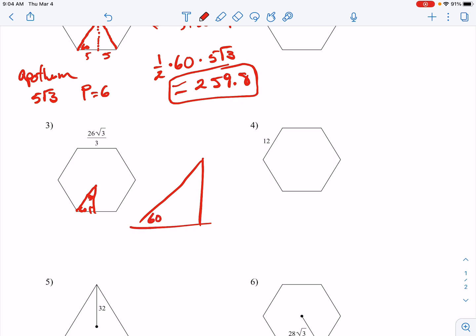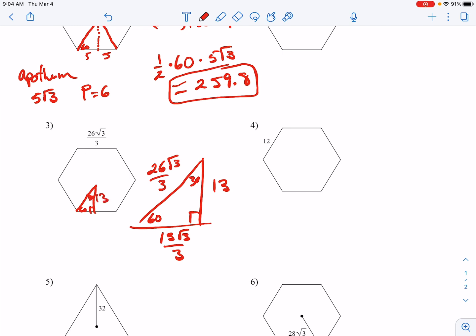There's 60, 30, 90. If the hypotenuse is 26√3/3, then the short side's going to be 13√3/3, and the apothem would have to be that times √3. Let's see, that would just be 13. So the apothem is going to be 13.